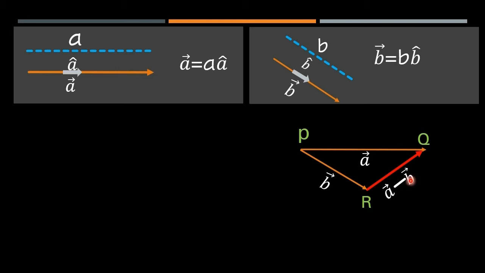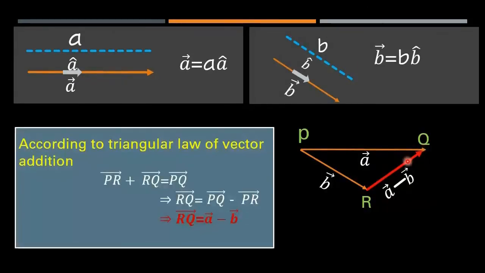How? Let's say, in this triangle PQR, PR vector and RQ vector are in the same mode. Why? The head of the PR vector is connected to the tail of the RQ vector, but the PQ vector is in opposite mode. Therefore, according to the triangular law of vector addition, what can we write?